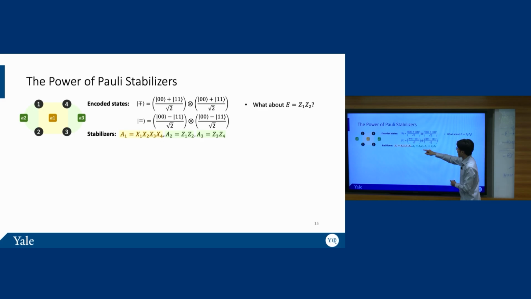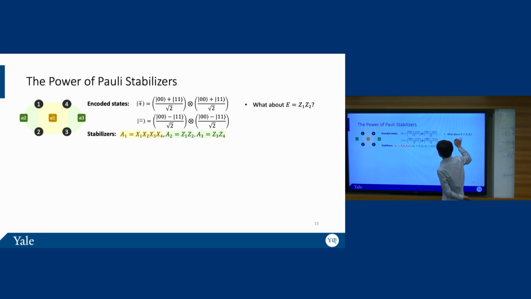If we look further at other possible Pauli operations on these 4 qubits, such as Z1, Z2, if I'm applying Z gate here, Z gate here, I want to understand the action of this operation on my quantum state as well. Technically, it's a 2Z error, but if we apply Z1, Z2 on purpose, how does it change my states? Well, we can take a look at the 2 code word states and see what happens.